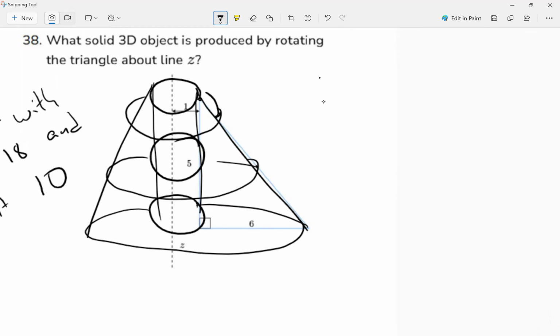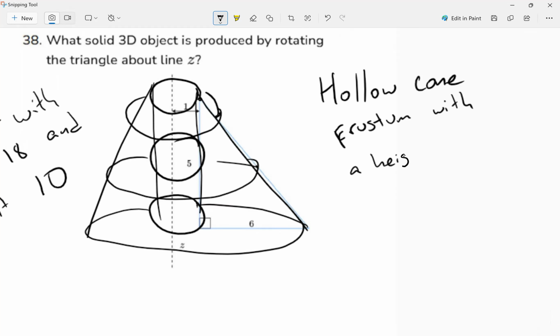So we're going to call it a hollow cone frustum with a height of, what's the height?